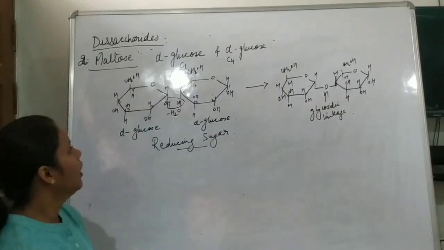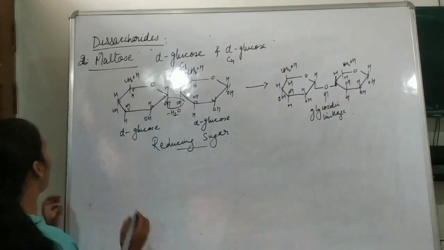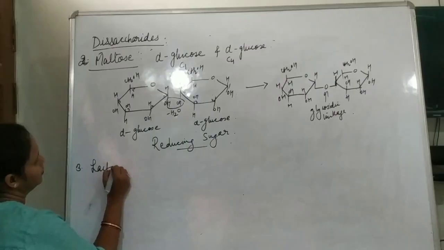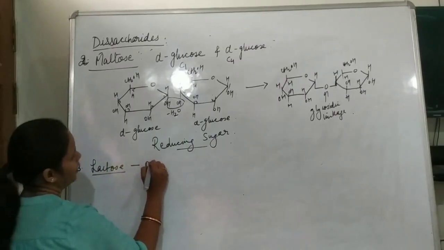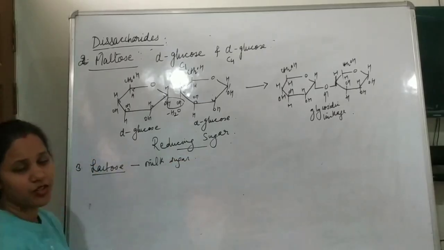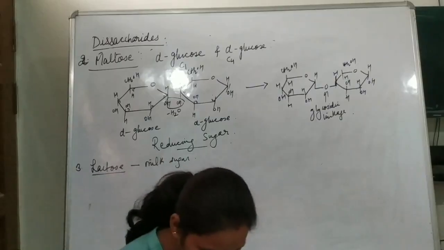Okay. Next disaccharide we have is lactose, which is a milk sugar. Why am I writing milk sugar? Because it is present in milk. Okay.